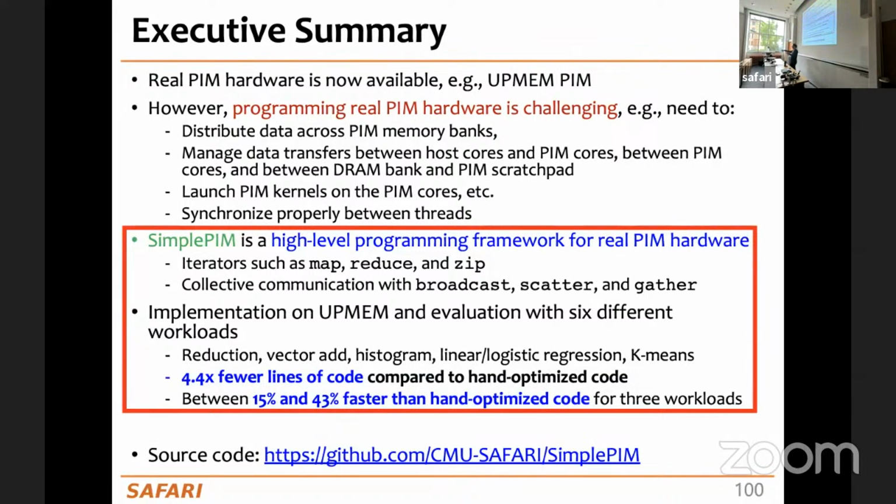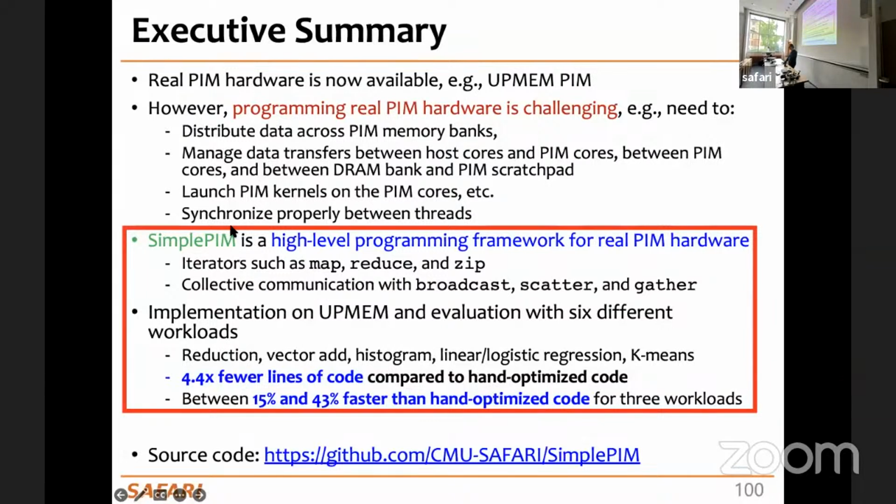So you need to move the data from the DRAM bank to the processor first in this particular incarnation of the architecture, which is probably not how I would implement a PIM architecture, but that's how they implemented it for various reasons. One reason being they didn't really have access to the DRAM to begin with. They couldn't change the DRAM area that much. They needed to provide something that could plug into the DRAM, let's say macro over there. And then you need to launch PIM kernels on the PIM cores, and synchronize properly between threads. So a programmer needs to think about a lot of things essentially.